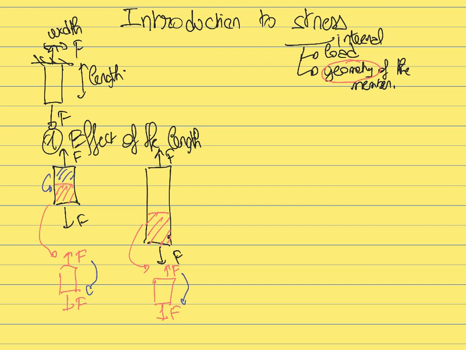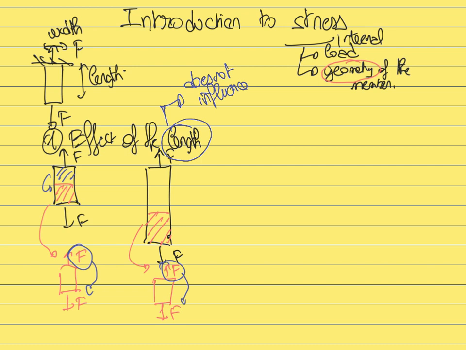So then what we can see here is that irrespective of the length of this member, the internal load is always going to be equal to F. So the length of this member does not matter in this case. The length does not influence the risk of fracture. Why?